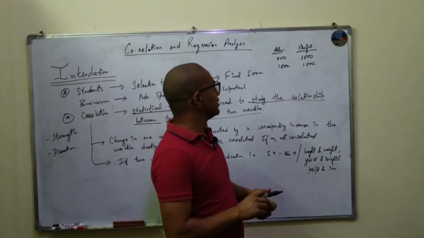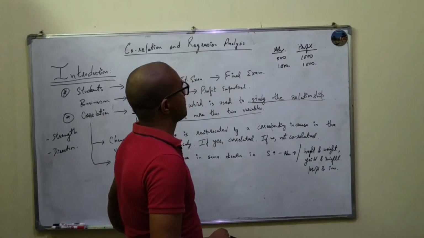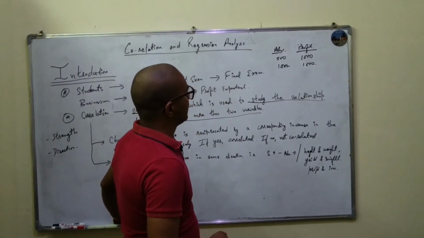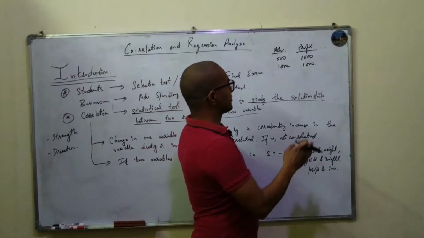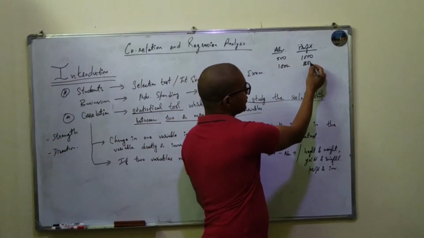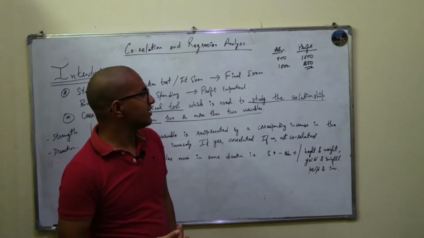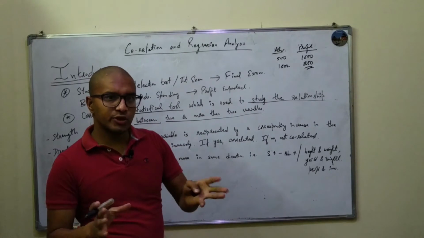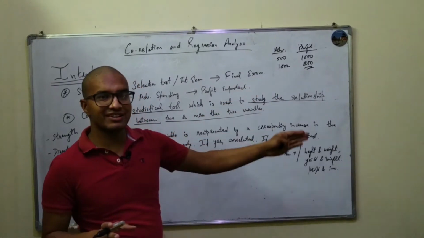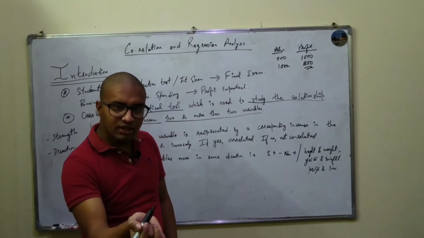Okay. So let me give you another example. Suppose advertising spending has increased by 500, and profit has decreased to 800 because your advertising spending has gone up by 50%, right? So your profit has decreased by basically 20%. So there is an inverse relation. When one is moving in one direction, the other is moving in the other direction.